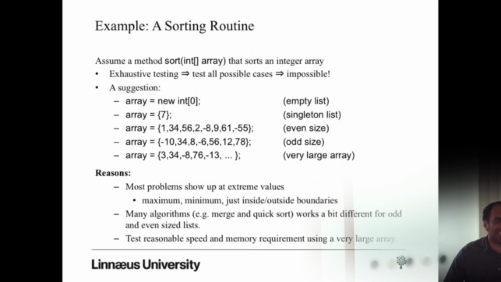An array can be of size 1, 2, 3, 4, 5, and for each size there can be a number of different combinations in a factorial manner. So you cannot test it for all the possible combinations. So what can you do? You need to come up with some testing strategy.